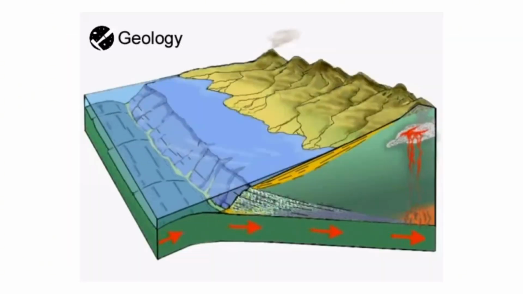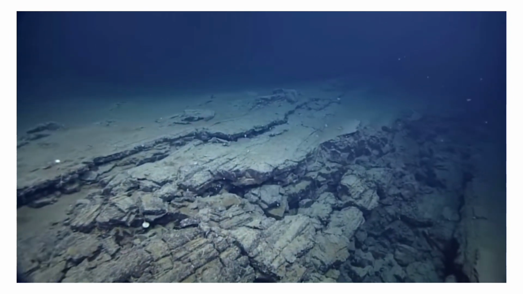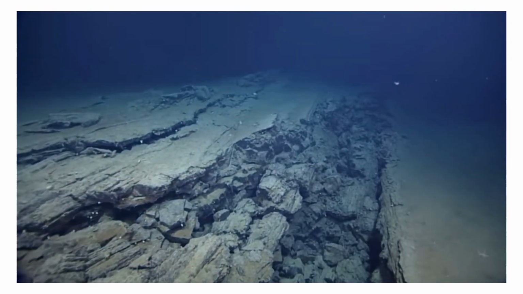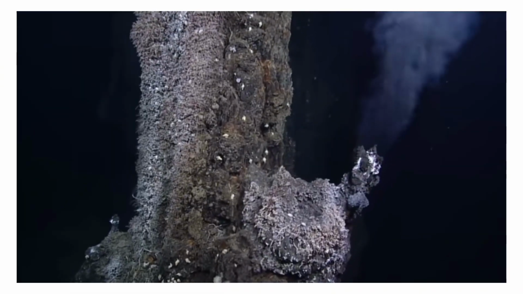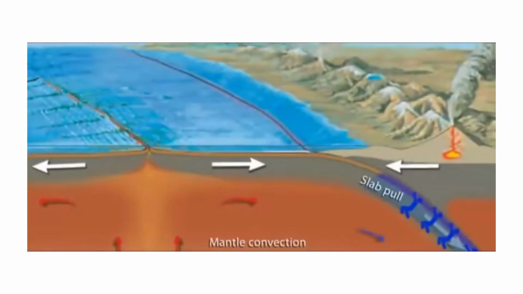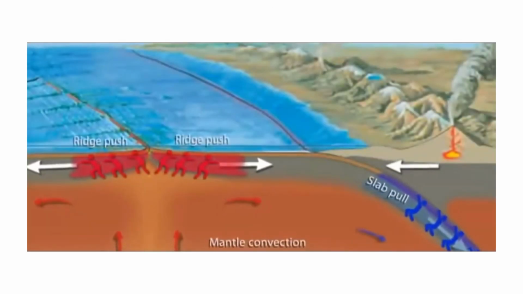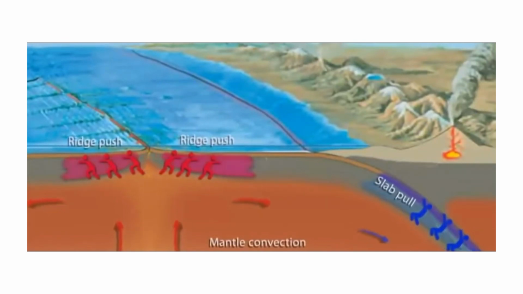As the plates subduct, they get denser and pull on the rest of the plate. Along ocean ridges, the ridge is topographically high, resulting in gravitational potential energy that provides ridge push force driving the plates to separate. The motions caused by mantle convection, slab pull, and ridge push are significant in geological time.